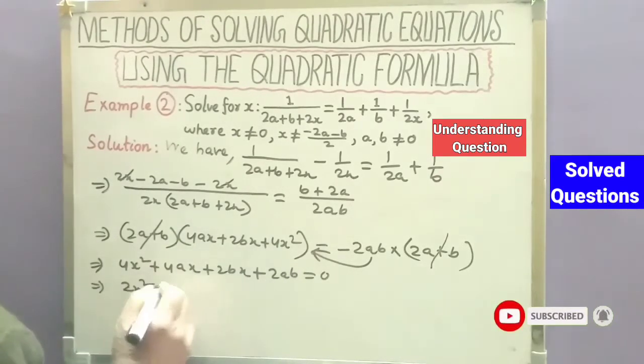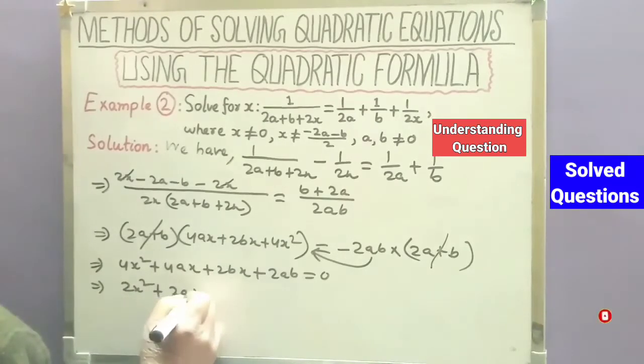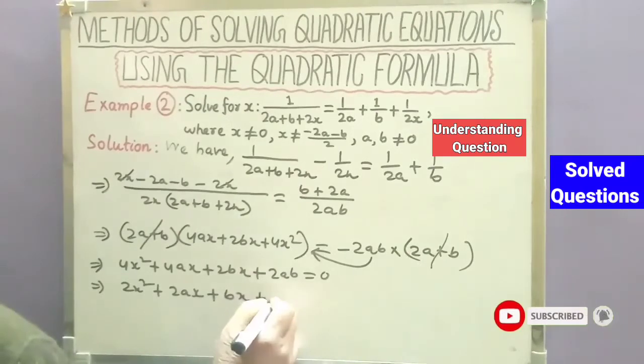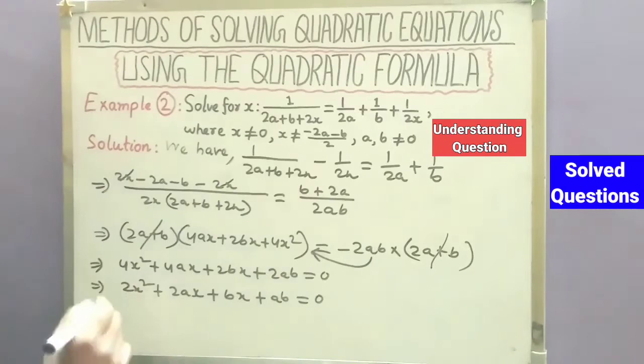That implies that 2x² + 2ax + bx + ab = 0.